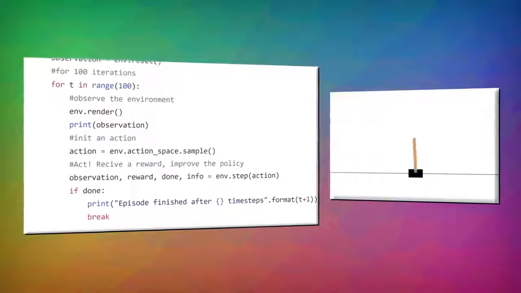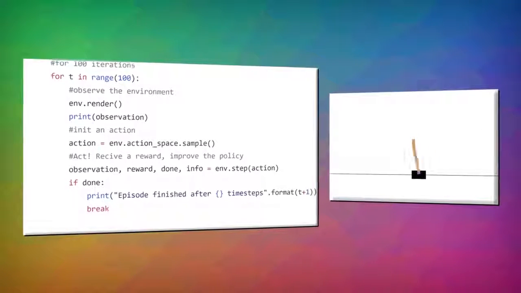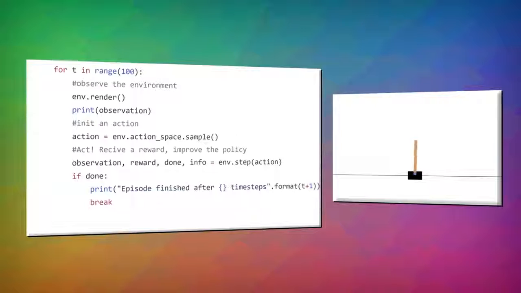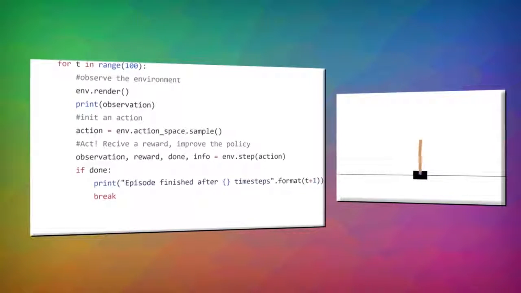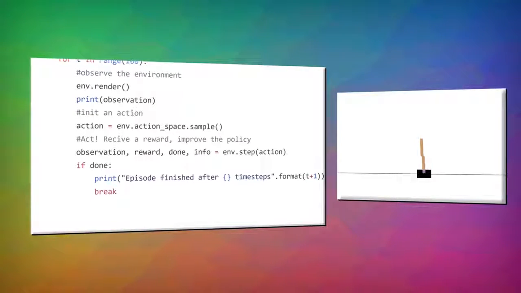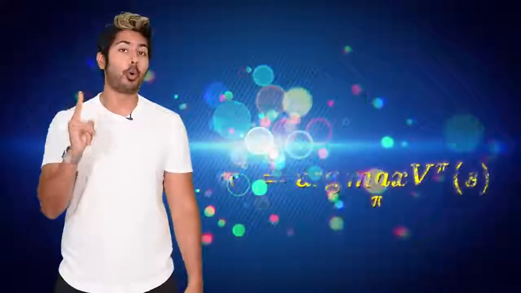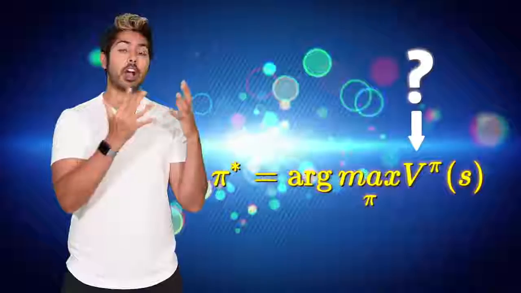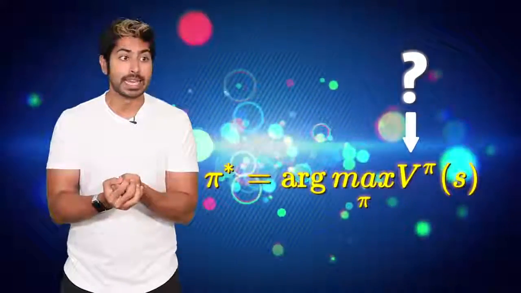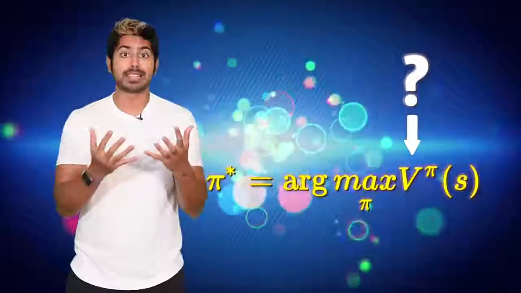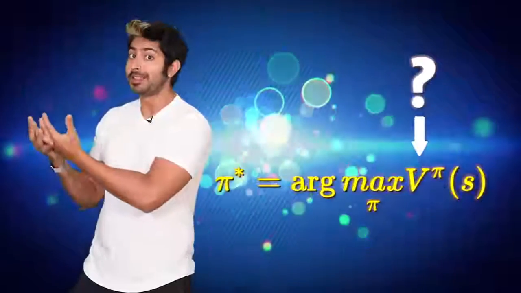For each state, we need to pick the action that yields the highest expected return. If we follow the maximum action values for each state, we'll quickly find the optimal policy. But that leaves the question, how do we find the optimal action value function? It's the intermediary step that's allowed us to find the optimal policy, and it's also the topic for the next video.